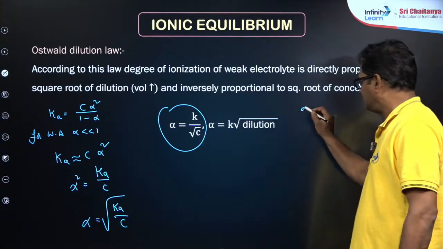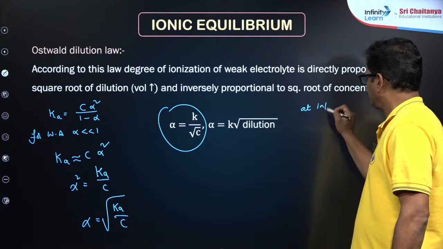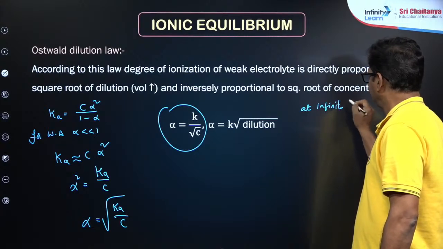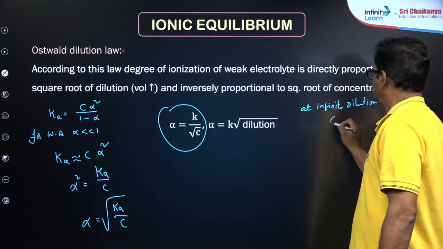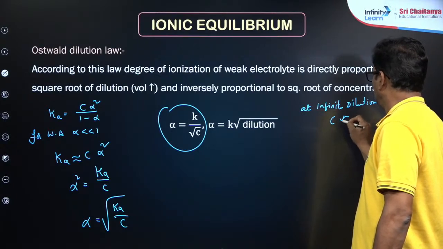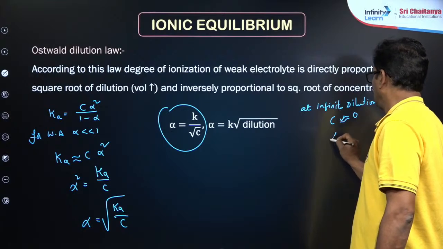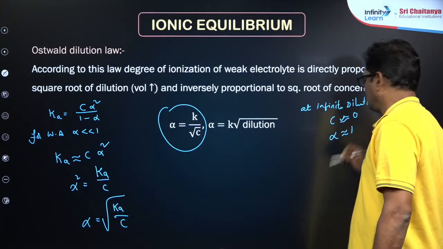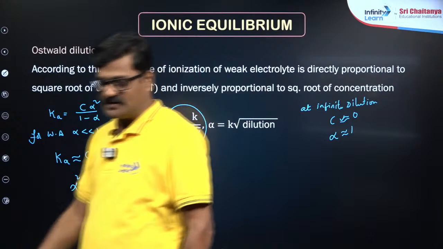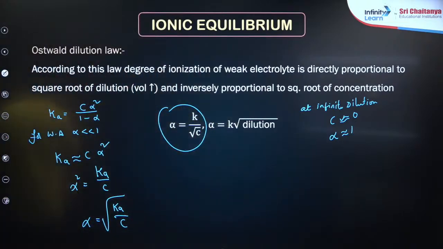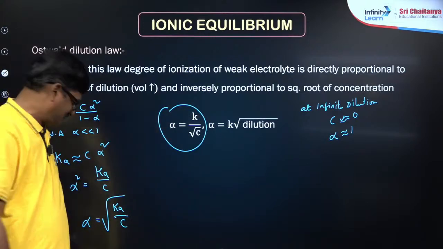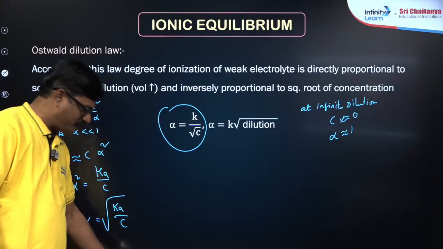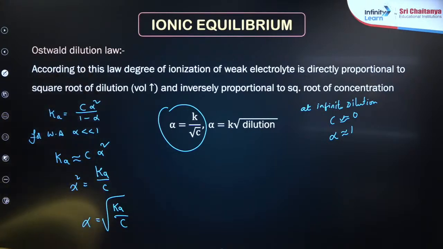So, I want to say at infinite dilution, concentration nearly equal to 0, then alpha is going to be nearly equal to 1. That is what is called Ostwald dilution law. This is connected to Kohlrausch law as well. Okay, moving ahead.